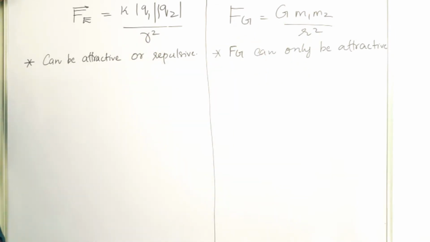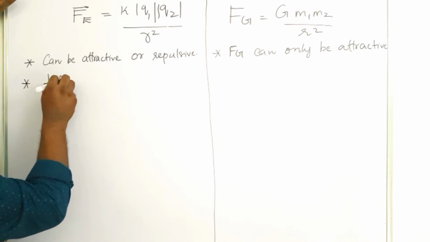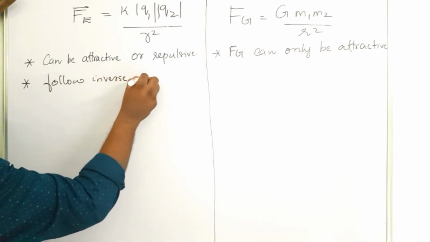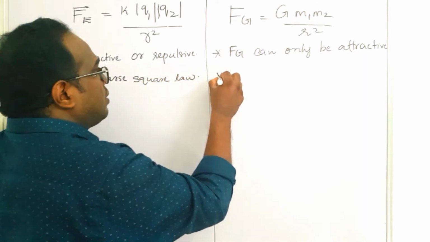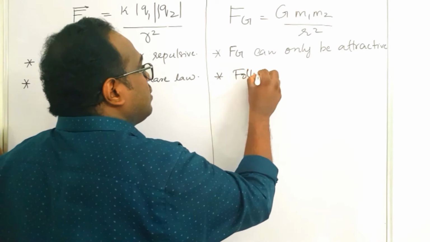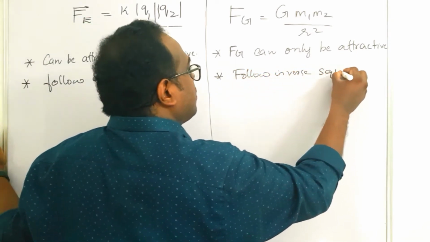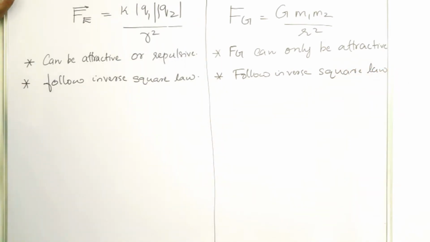Next, look at this, R square and R square. Both are inversely proportional to the square of the distance between their centers. So that is the inverse square law. Both follow the inverse square law.